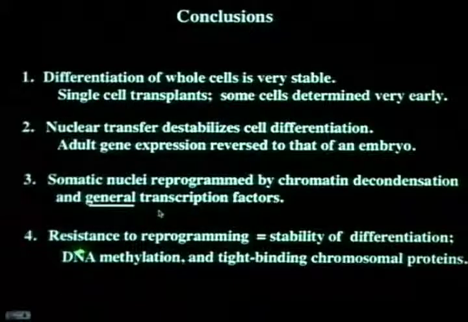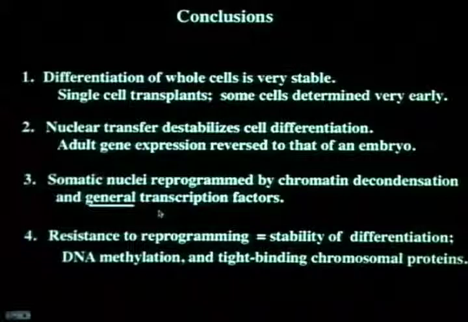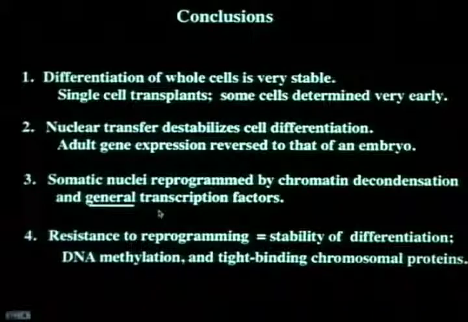And then I mentioned that resistance to reprogramming, which I see as being equivalent to the stability of differentiation, which is really the topic of the talk, and that in some cases DNA methylation does help that, but there are many other mechanisms that also seem to achieve this stabilization, and we'll be interested to know what these tight binding chromosomal proteins might be that achieve that.